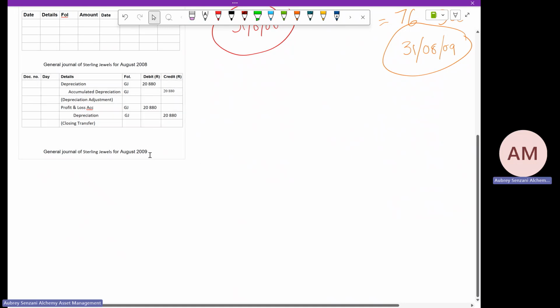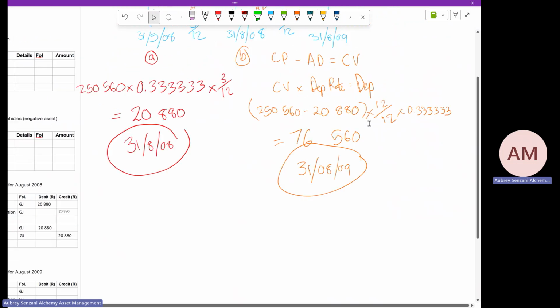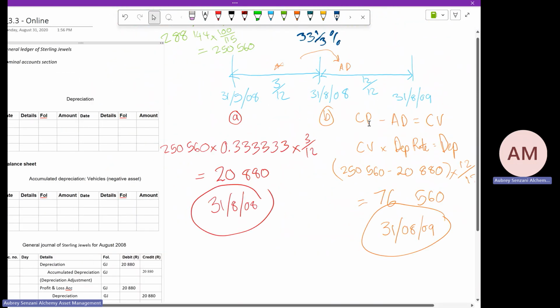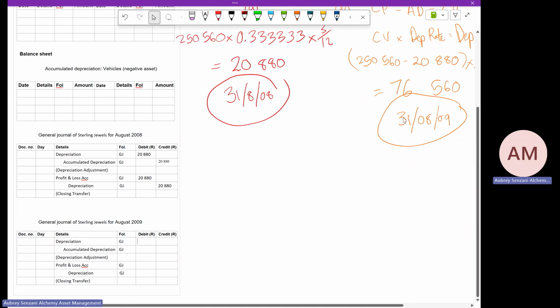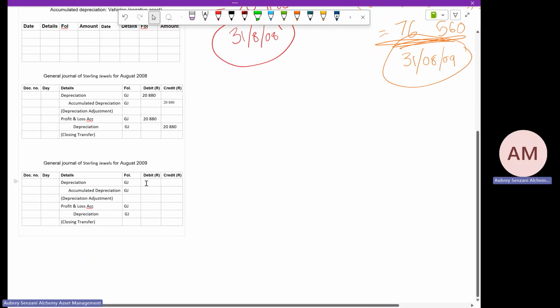Then we are just changing the amounts, because obviously our depreciation in 2009 was 76,560, what we have over here. So there you go, 76.